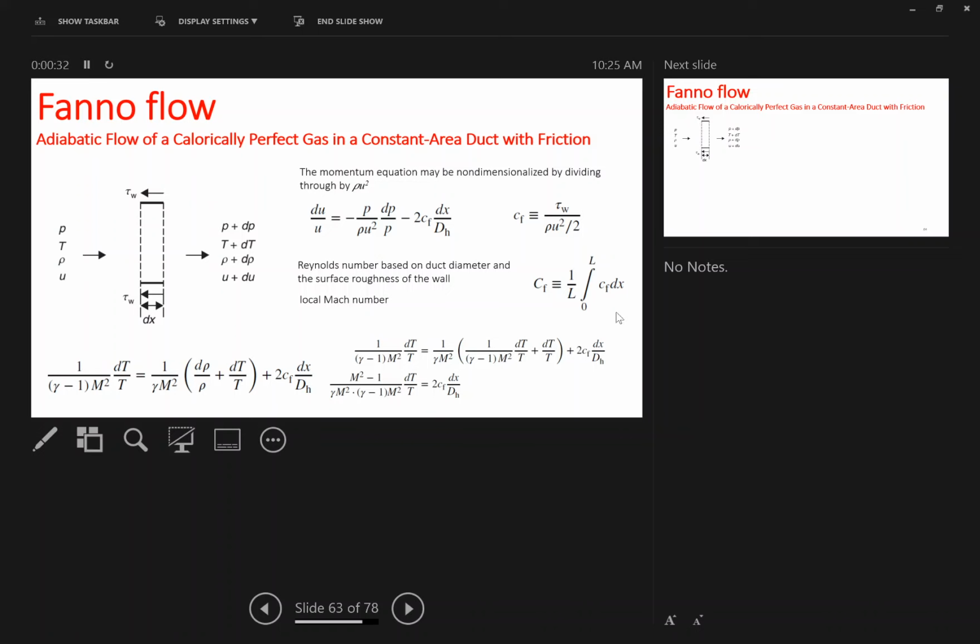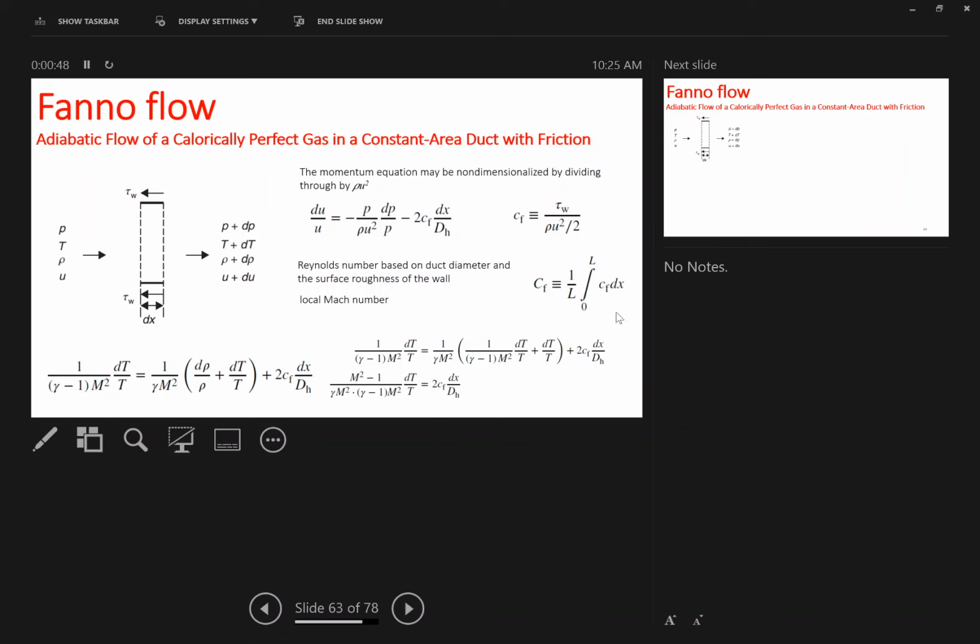So we can have choking conditions the same as a variable area duct when you consider the friction, or when you apply some sort of a heat flux to your duct, right?